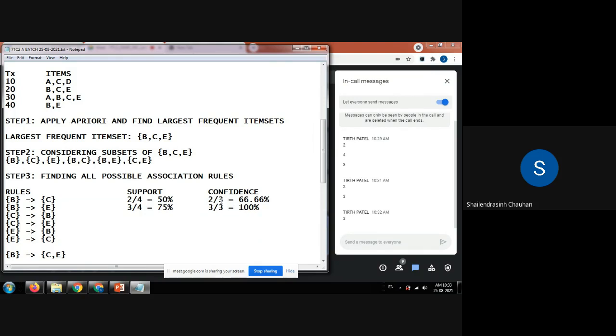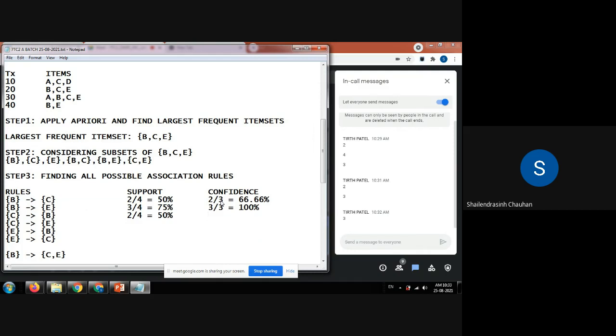Now C given B. Total we are having 4 transactions. How many are having C and B both together? C and B both together are in 20 and 30, 2 transactions. 50% of support.